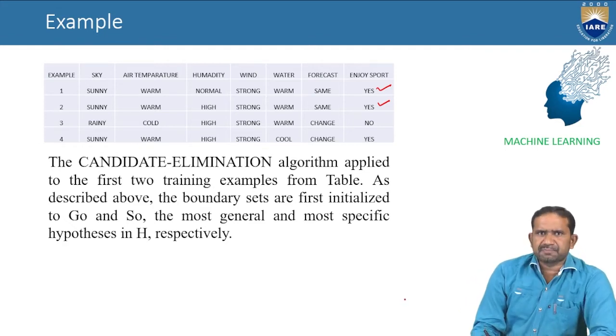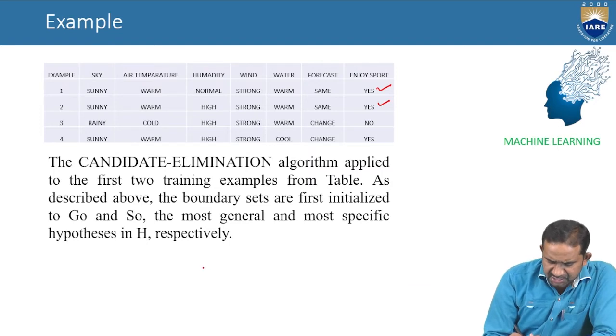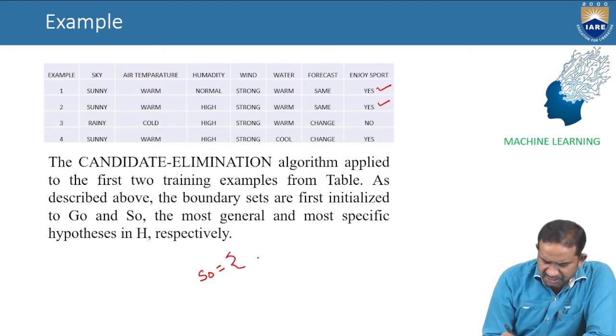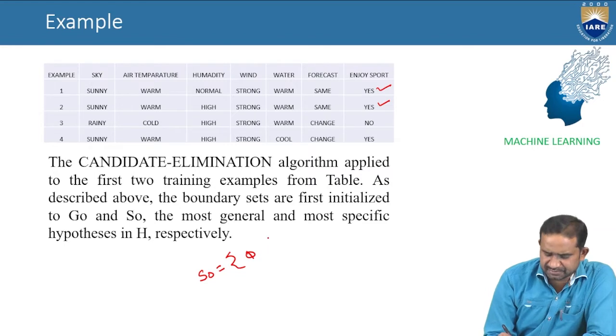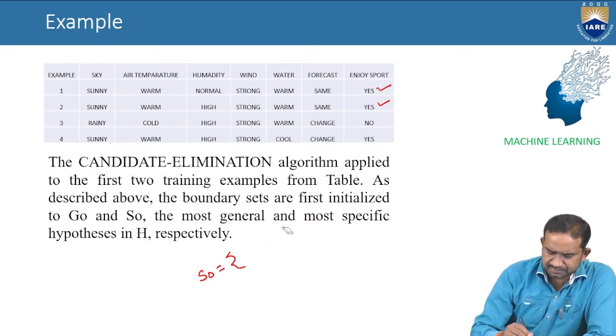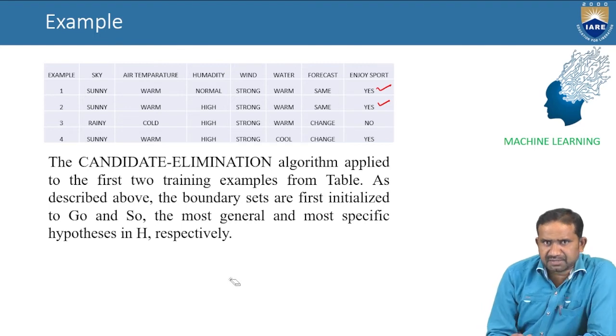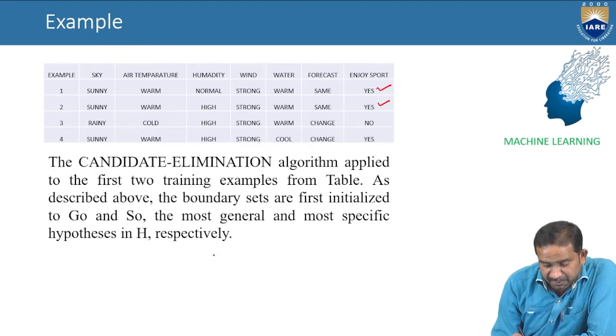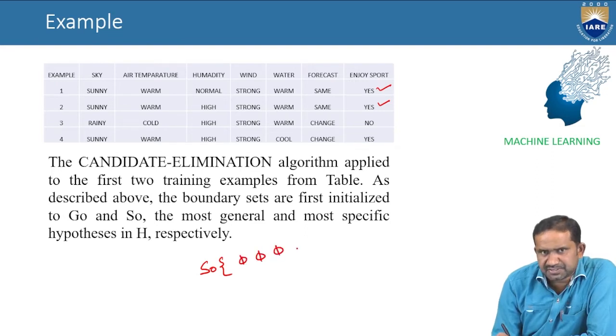Coming to the specialized hypothesis, we initialize S0. Initially the specific hypothesis S0 is represented by null values, because it is specific initially.